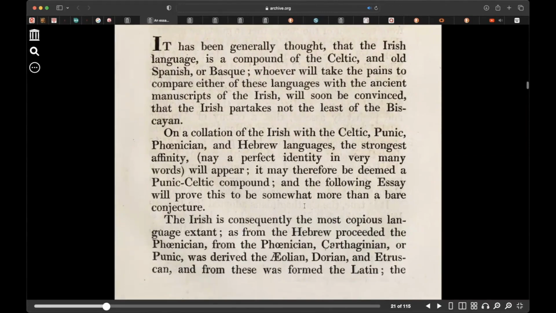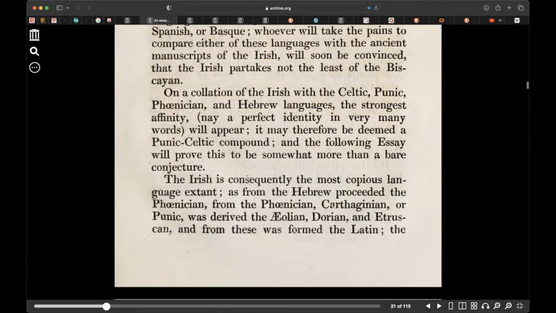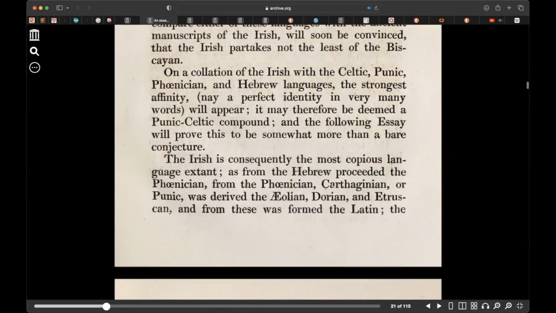On a collation of the Irish with the Celtic, Punic, Phoenician, and Hebrew languages, the strongest affinity, nay, perfect identity in very many words, will appear. It may therefore be deemed a Punic Celtic compound, and the following essay will prove this to be somewhat more than a bare conjecture. The Irish is consequently the most copious language extant, as from the Hebrew proceeded the Phoenician, okay?